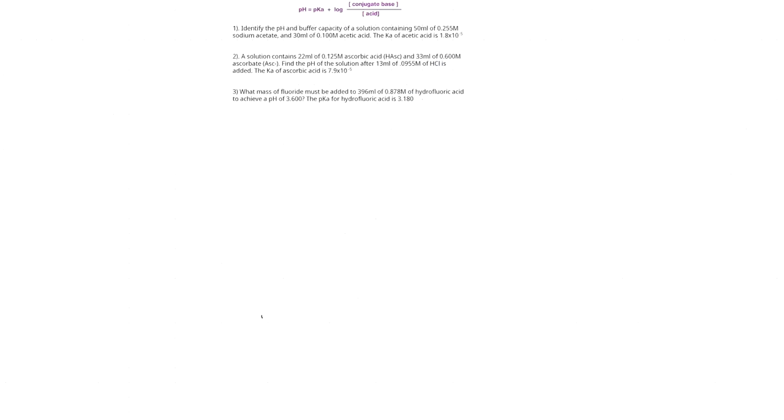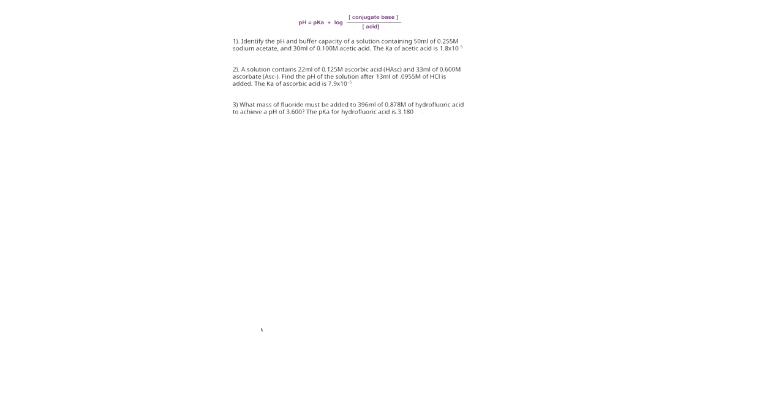So how do we do this mathematically? First, we're going to convert everything to moles because, like in problem one, I gave you the volume and concentration of the two separate solutions. So first, we find the moles, and we can start with ascorbic acid. I'll try to do this a little more organized for you guys.